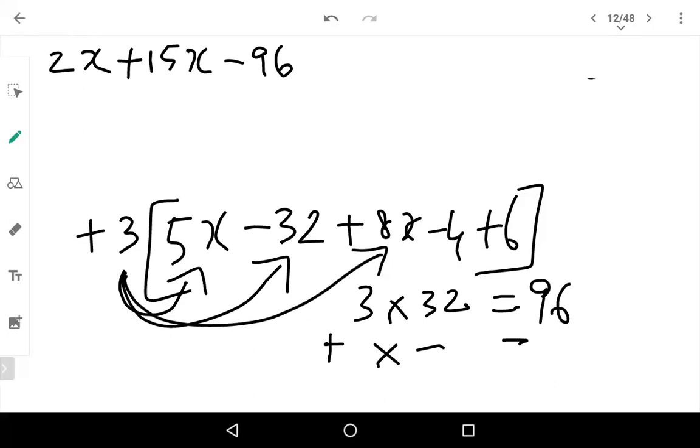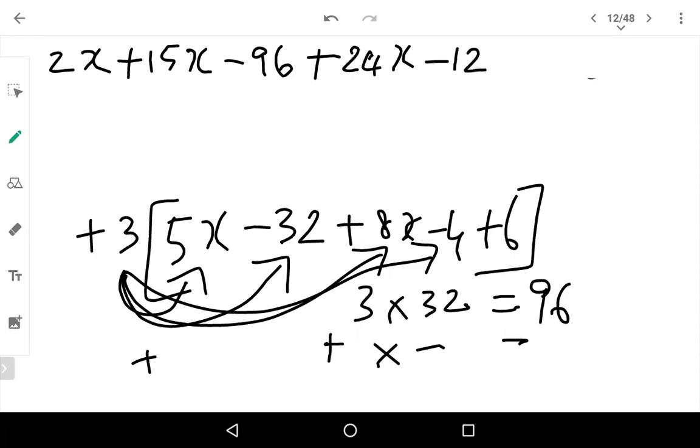So 3 8s are 24. Both are plus and plus. So it's going to be plus 24x. Then 3 into minus 4. So again, plus into minus is minus. 3 4s are 12. So it is minus 12. Then 3 into 6. Okay, 6 3s are 18. Both are plus. So plus 18.